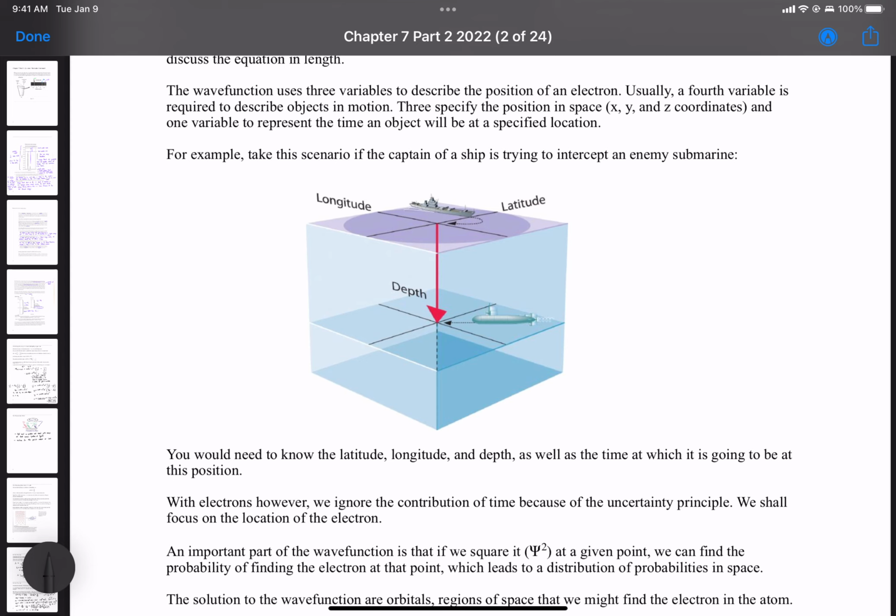However, with electrons, we ignore this contribution of time because of the Heisenberg uncertainty principle. So for the wave function, we just focus on the location of the electron.